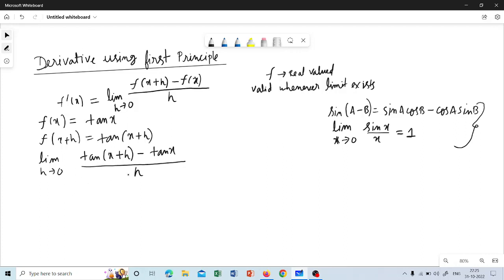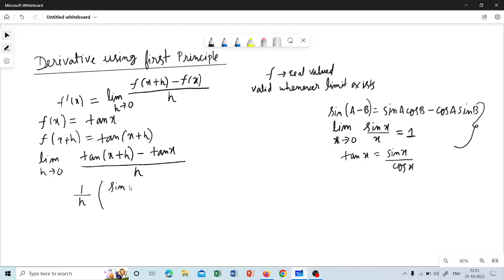For the time being, let me take that h outside, and I will put tan x is equal to sin x by cos x. I hope everyone already knows this.